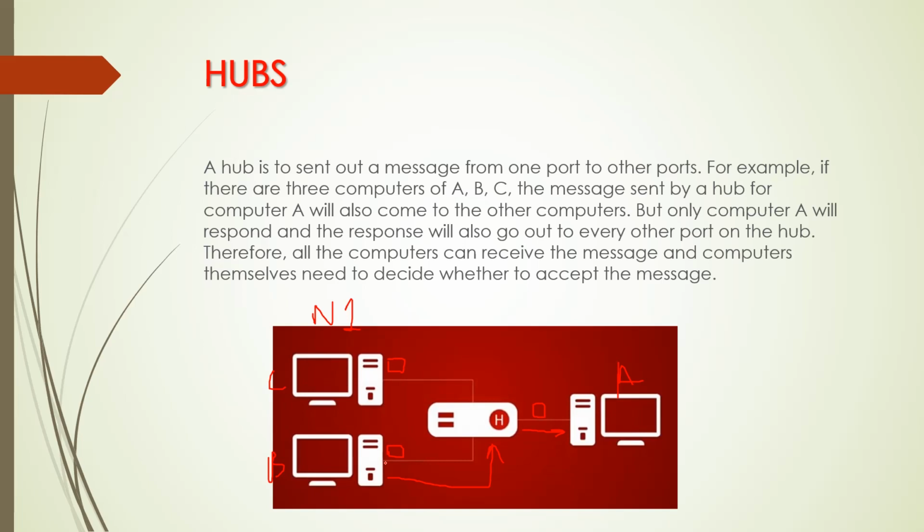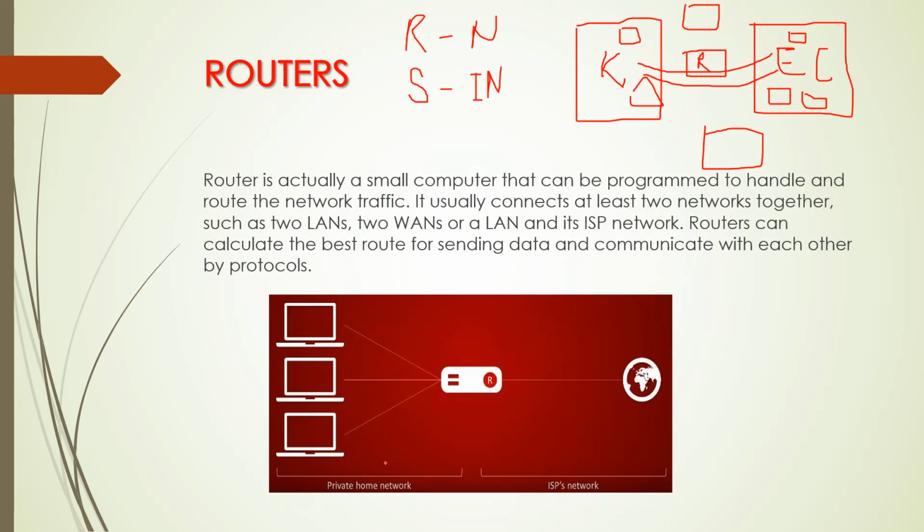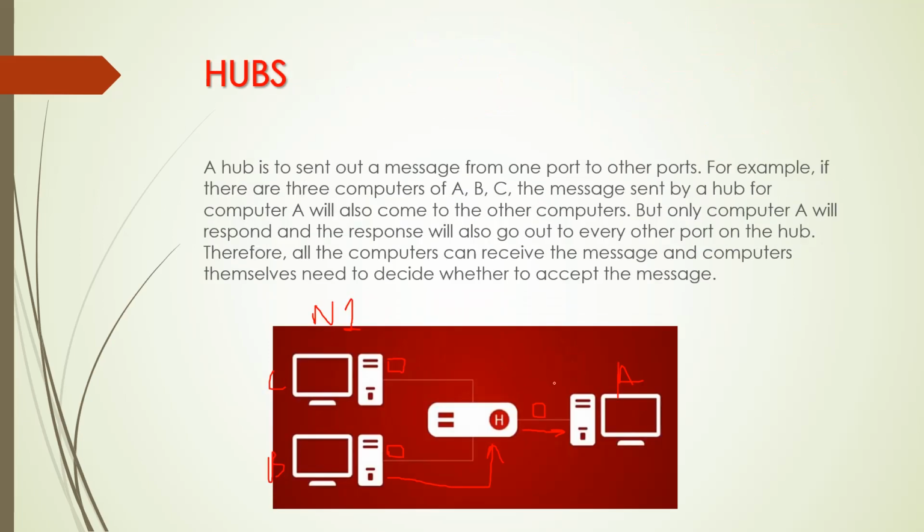So this was the simple concept of the hub, and this is the difference between these three entities. I have given you the explanation of switches, routers and hubs. A switch will be deployed inside the network, routers will be deployed outside the network, and hubs will be there in the network.